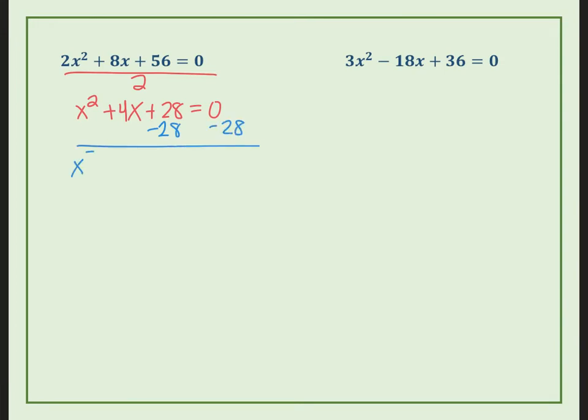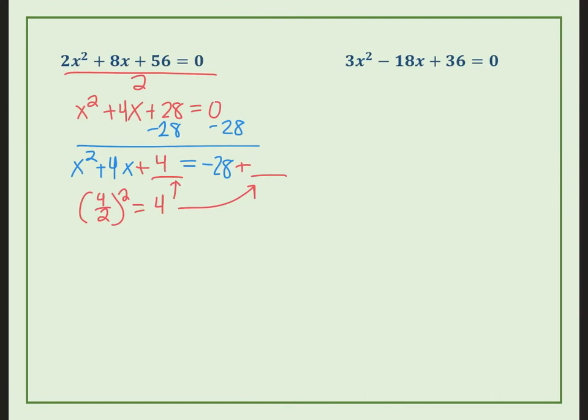Now again, because I know I'm going to add something to both sides, I'm going to go ahead and put a plus blank on both sides. Well, what number is going to go in there? I'm going to take half of b and I'm going to square it. 4 over 2 is 2, 2 squared is 4, and that's the number that I'm going to put in both of the blanks.